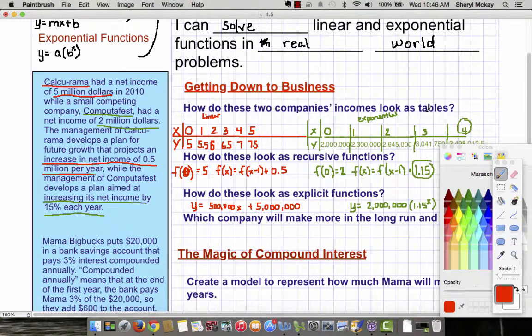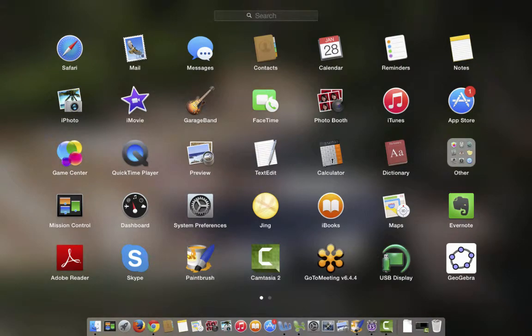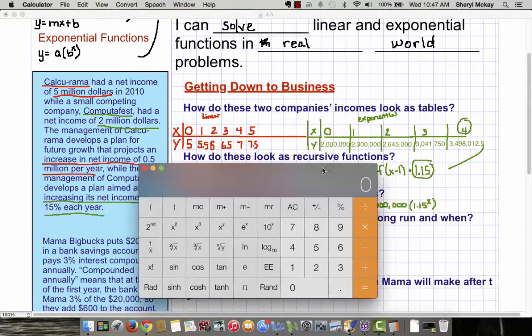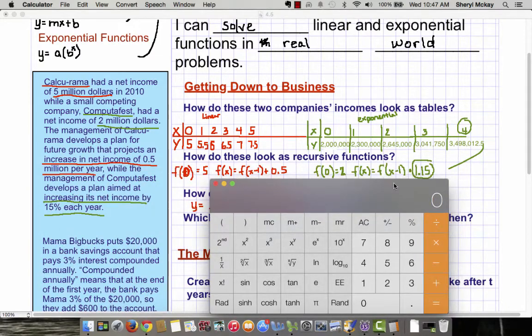So what did you find out? What I did was I actually started plugging in some numbers, and I found that at 10 years, when I put in 10 years using my two equations, let me pull that up real quick. When I put in 10 years, let's see here, let's use this equation here.